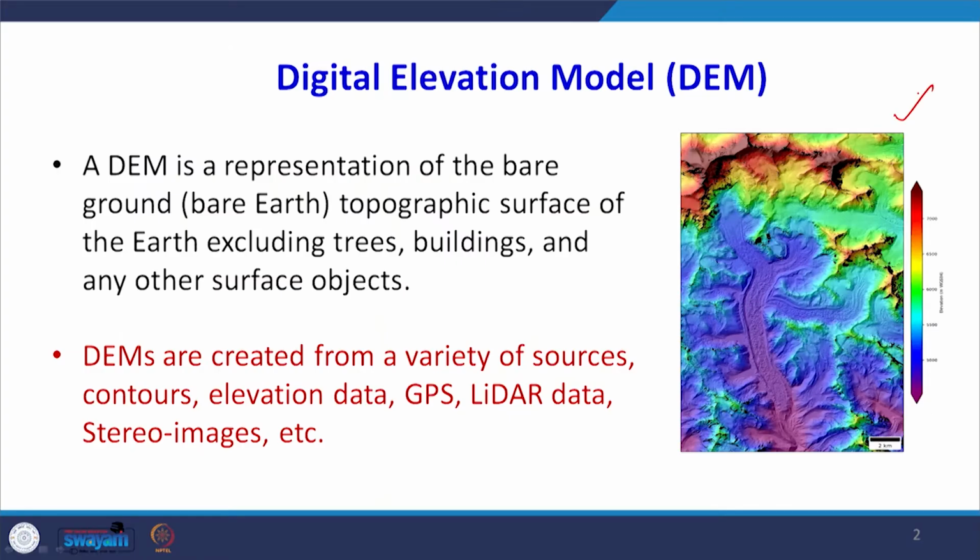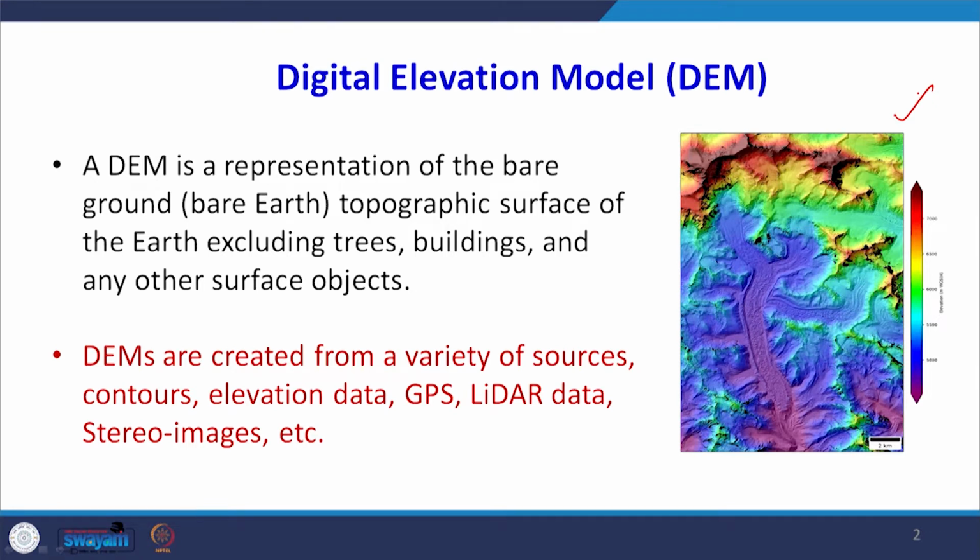We know that the digital elevation model is basically the representation of the ground in the third dimension, and each point on the digital elevation model has a coordinate system associated with it along with its height. You can see in the picture here there is a digital elevation model and different colors are representing the different heights, and each pixel here is geo-referenced to the coordinate system.